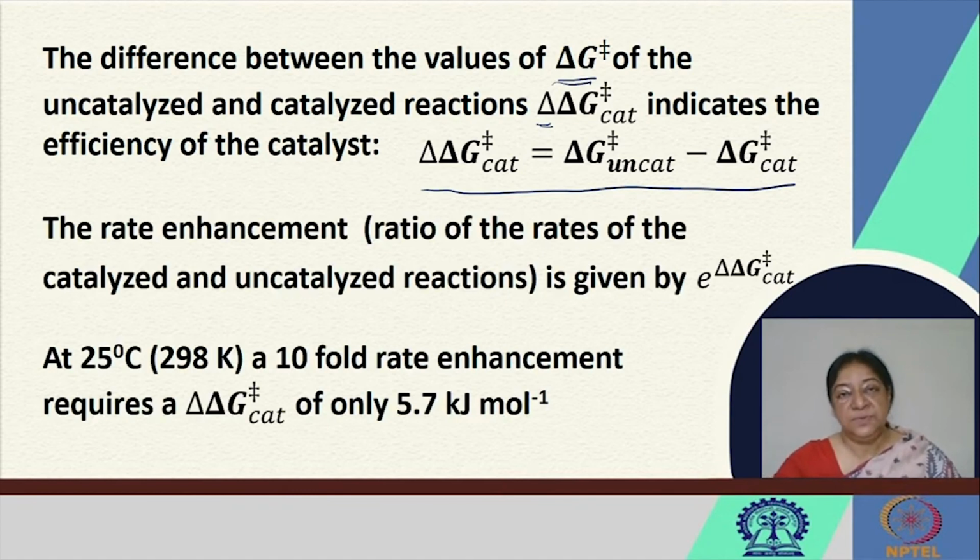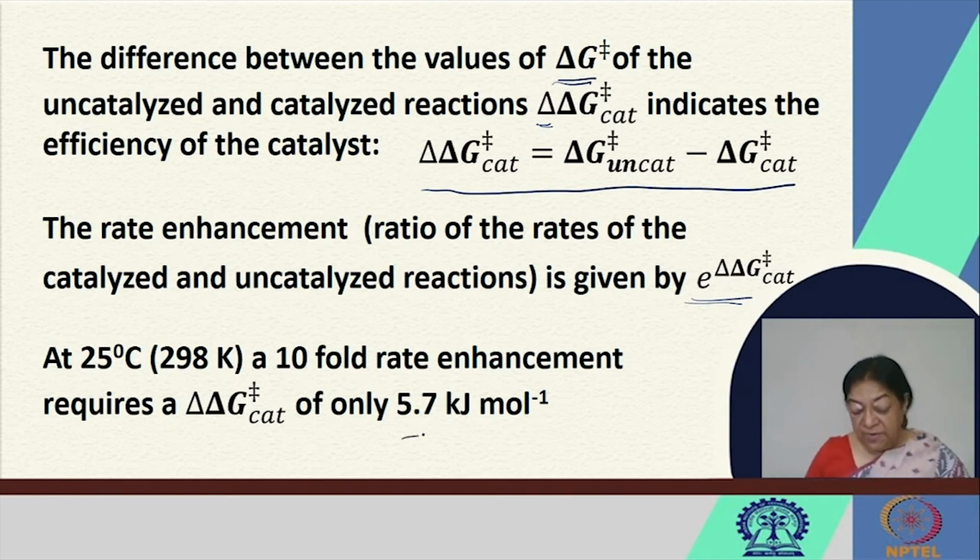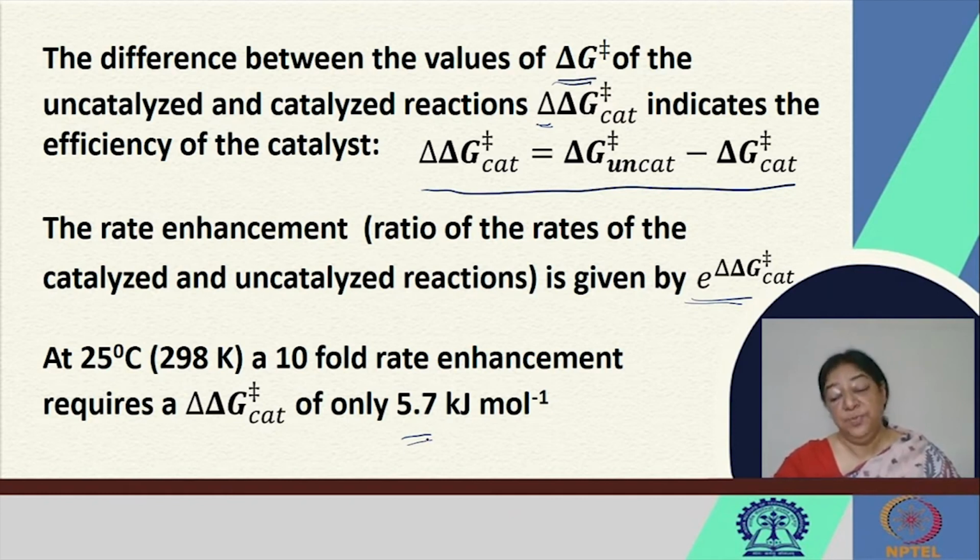The rate enhancement, that is the ratio of the rates of the catalyzed and uncatalyzed reaction, is given by e to the power delta delta G cat. Just for an example, at 25 degrees centigrade, we can get a 10-fold rate enhancement by only 5 kilojoules per mole, which is actually close to that of a hydrogen bond.